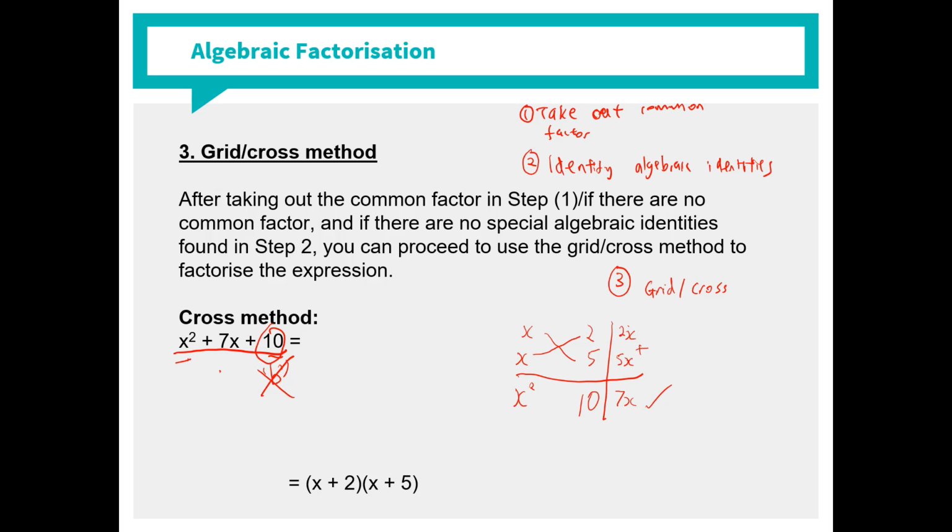Since this works, this will be the factorized form, where x plus 2 is the first bracket, and x plus 5 is the second bracket. There we have it. This is how you factorize it.